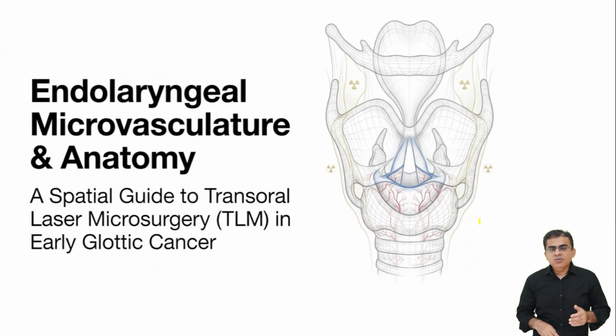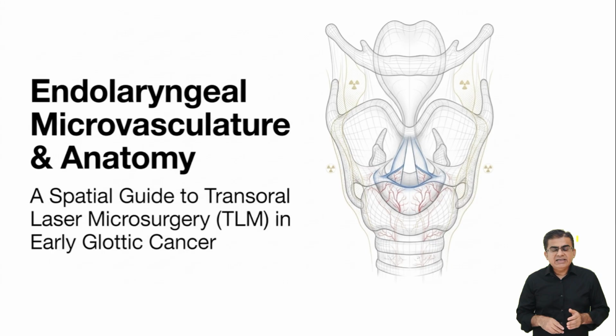I can assure you of one very important thing. Treating early glottic cancer with a laser is not just about aiming and firing. We must deeply understand the microscopic tissue planes. You must know the hidden blood vessels inside the larynx. And you must know the silent anatomical pathways where a tumor has a tendency to spread.